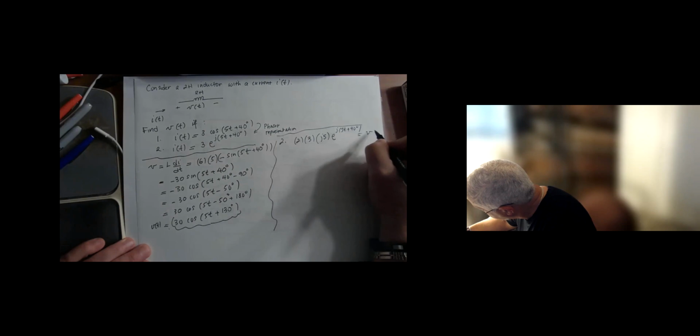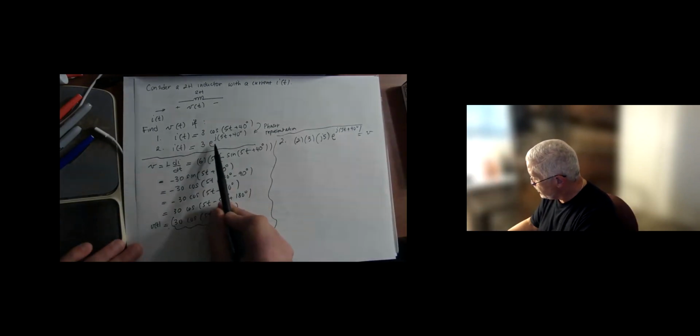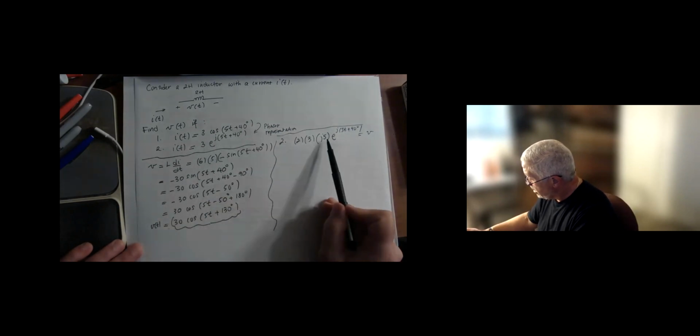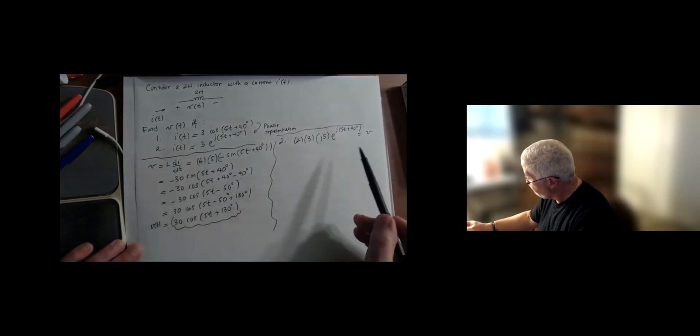The derivative gets us j5, and then e to the j 5t plus 40 degrees, and that's v. Okay, essentially I'm just doing L di dt on this function here. So multiply 2 times 3, and then the j5 comes from taking the derivative of the exponent here.